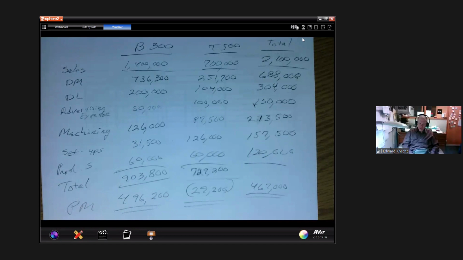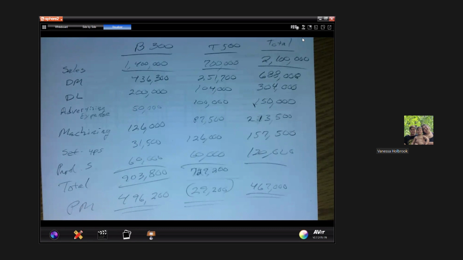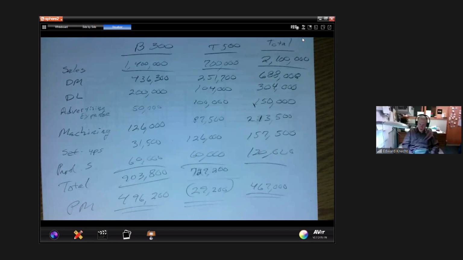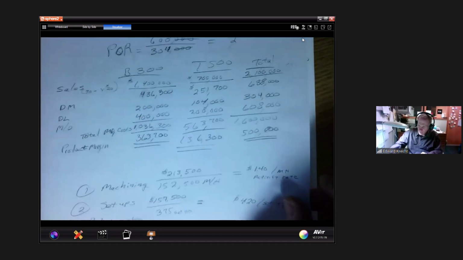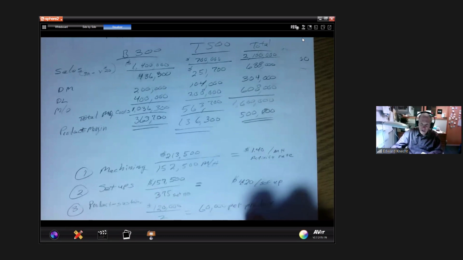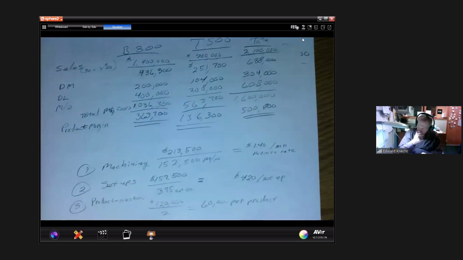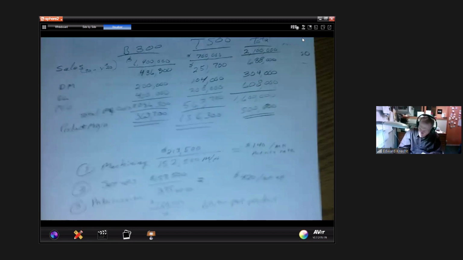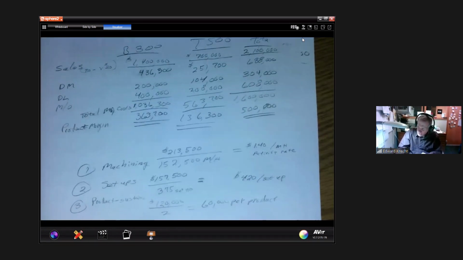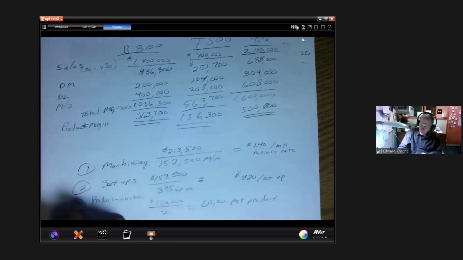So I hope by going over this problem, it helps with the ABC costing. The main thing I want to emphasize to you is this page right here, when I had to get my activity rates. So you're going to have to find your activity rates, and if you have 3 product lines, then you have to divide it up 3 ways, depending on how many machine hours all 3 products use.